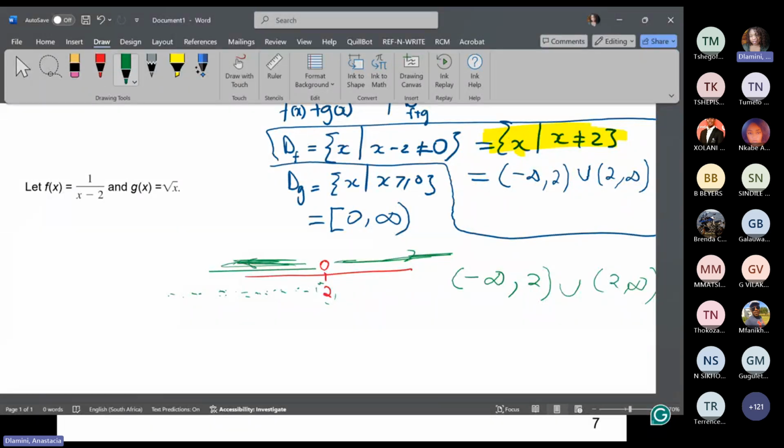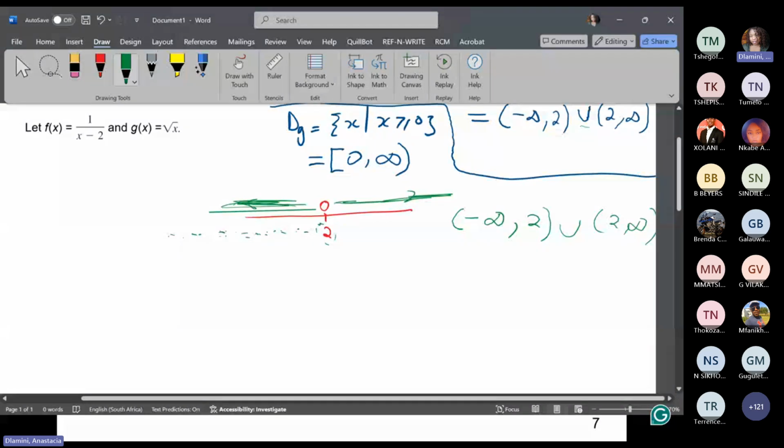Now, this one is a union, and the opposite of that one is an intersection. The union says or, the intersection says and. So when you are intersecting, me and you, not me or you, me and you should be in the same place. Intersection means meet.